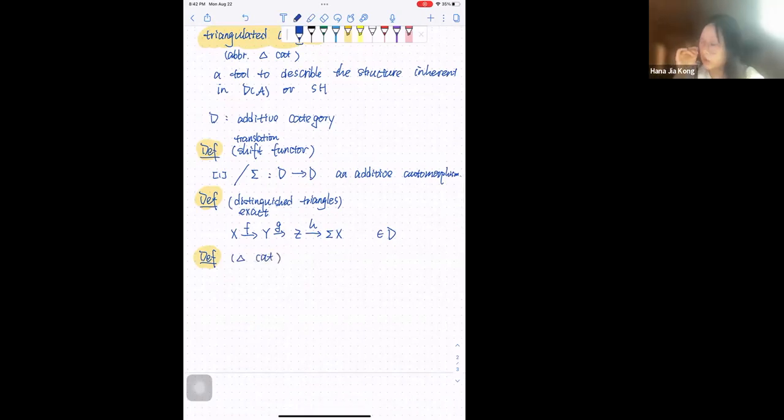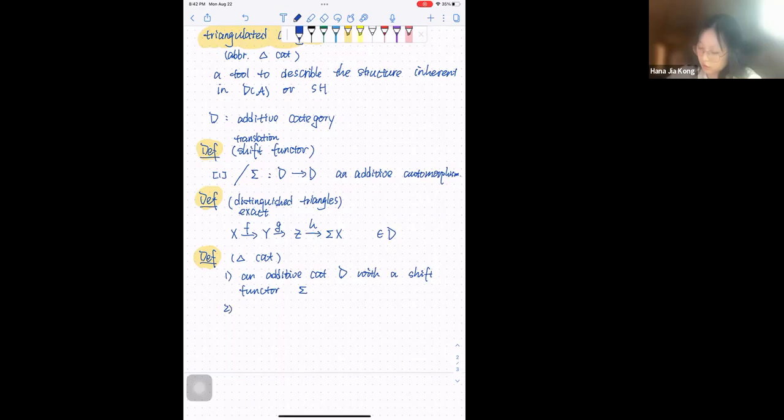Okay, so a triangulated category consists of, first, you need an additive category D, and this D is equipped with a translation, a shift functor sigma.